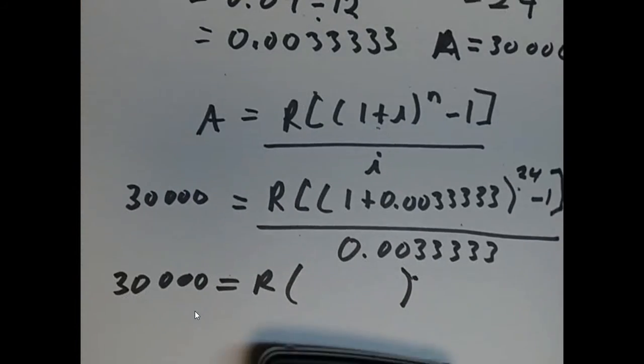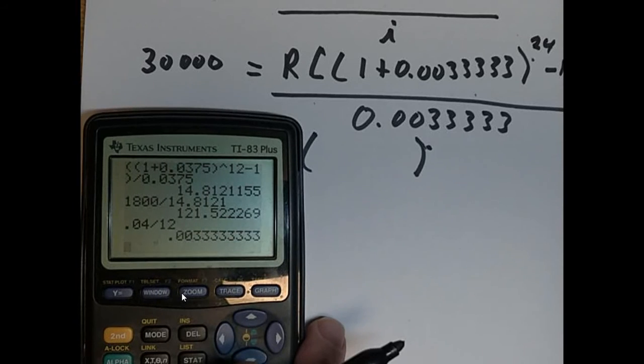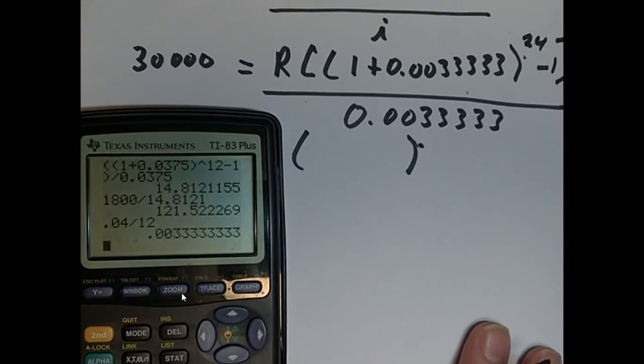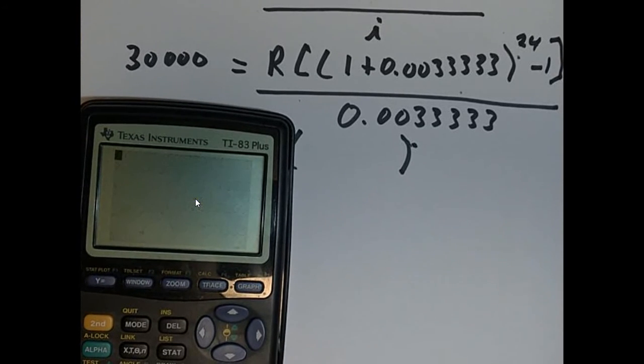I'm going to type all that stuff in up there. Let's bring that up a little higher so we know what to put in the calculator. It's so long here. So clear all this.